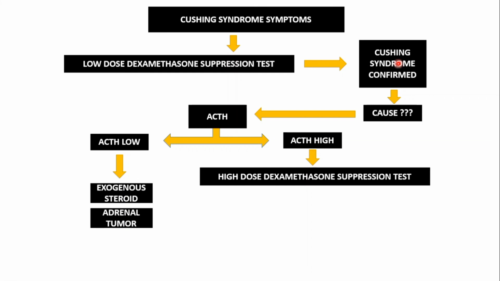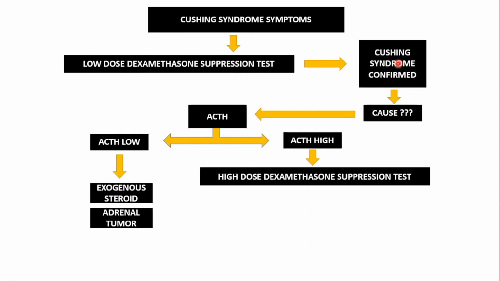This high dose steroid is just enough to suppress the pituitary adenoma that is secreting ACTH. Remember, before I said there is a pituitary adenoma secreting ACTH which would not respond to the negative feedback. But when you give high doses of steroids, those high doses would go to the pituitary and suppress the ACTH production.